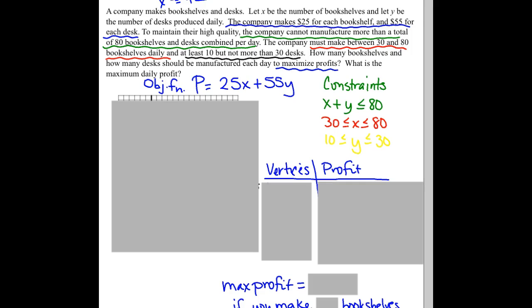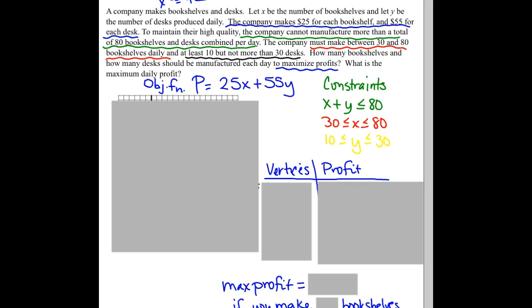So picture all the points on that vertical line have an X value of 30, right? Y can be anything, but X has to be 30. So if they are telling me that X has to be between 30 and 80, I'm really looking at two vertical lines and shading in between them. Does that make sense?